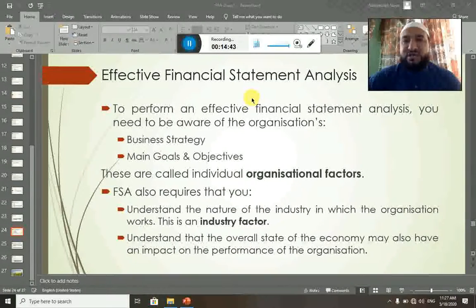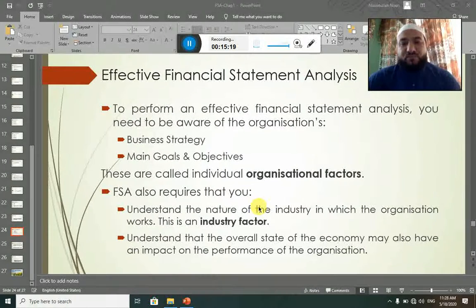If you do not understand them, you cannot reach a better conclusion after analyzing the financial statements, and you cannot provide better advice, right? Or you cannot get better results from the analysis or from those findings, right? That's why it's very important to know the business strategy of the company and also the main goals and main objectives.